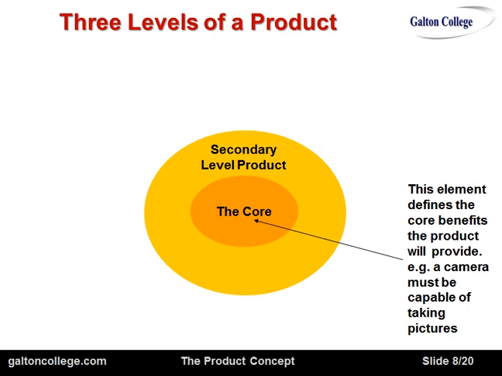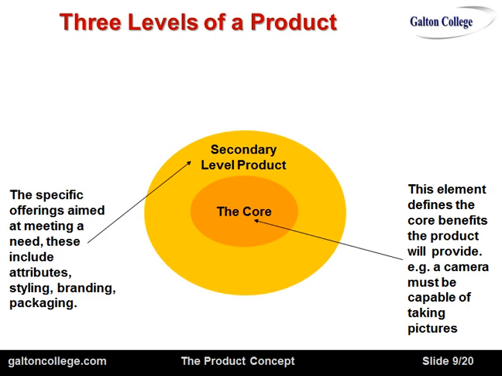Then we've got the secondary level. Well, the secondary level, the specific offerings aimed at meeting a need. These include attributes, styling, branding, packaging. So we have the core, which is the essential, what the product must do. Then we have the secondary level, which is the style of the product, its appeal, its branding, its attributes.